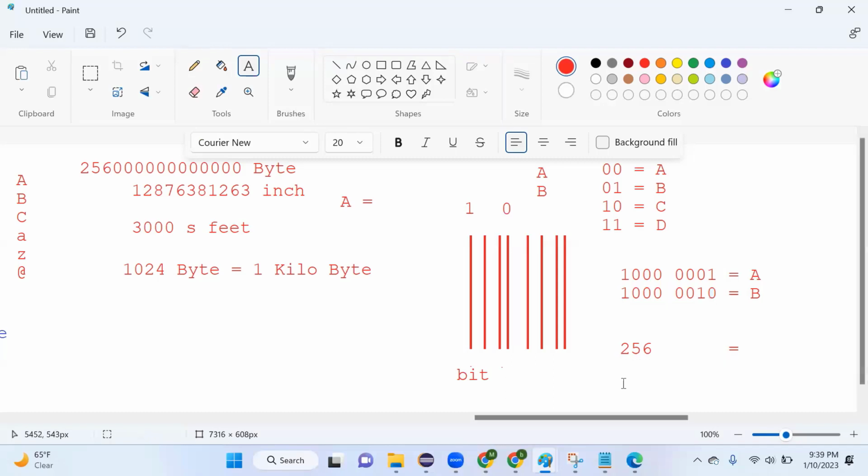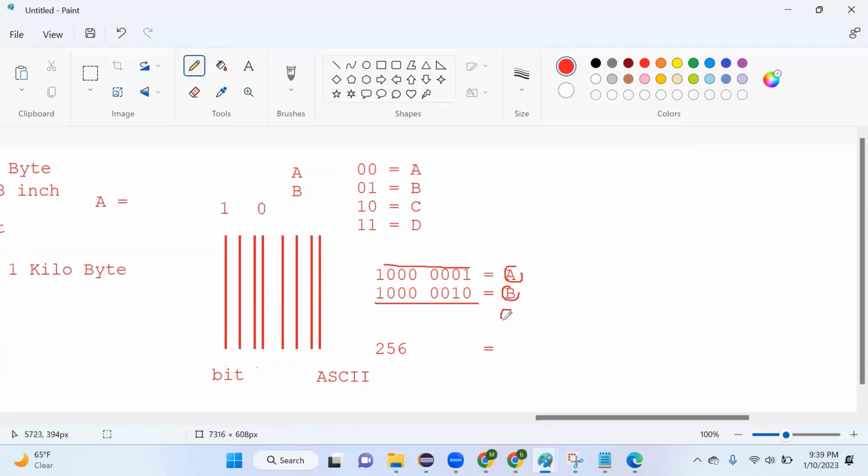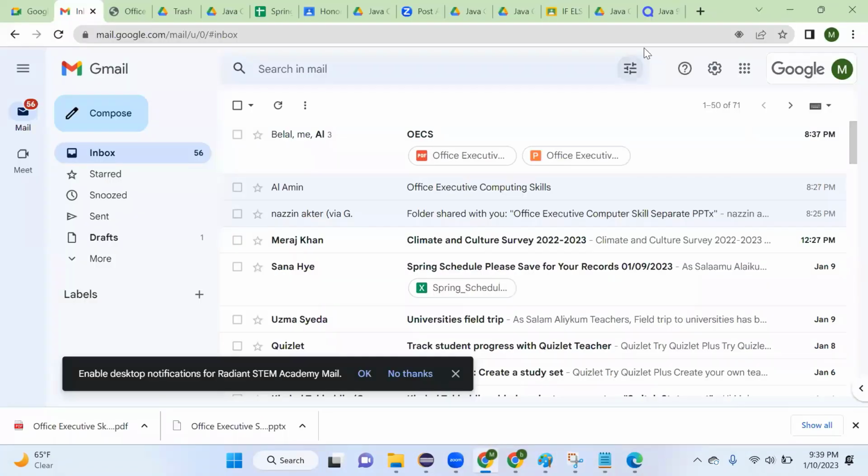So this is called ASCII. And then finally they generated the code which has 256 pictures. Suppose this one is the A picture, this one is the B picture, the next one is C, D, E, F, and all the things whatever you see on your keyboard.